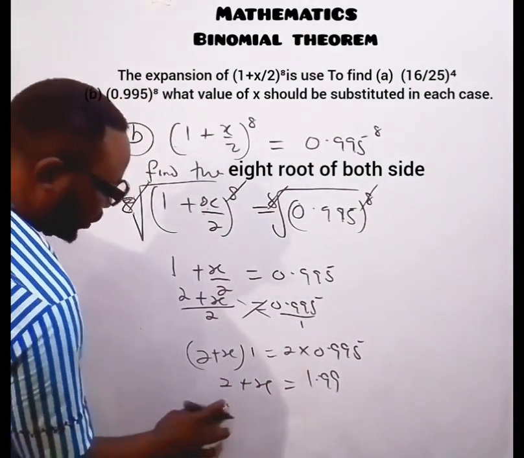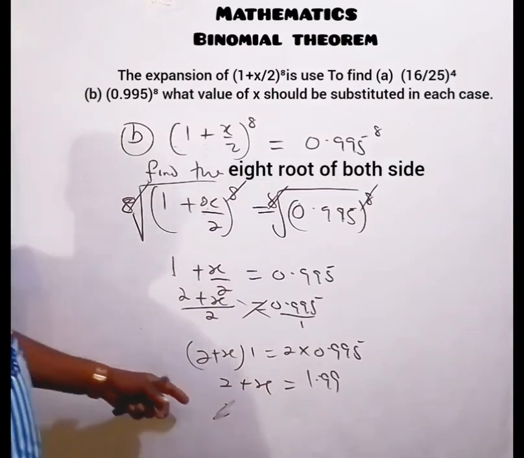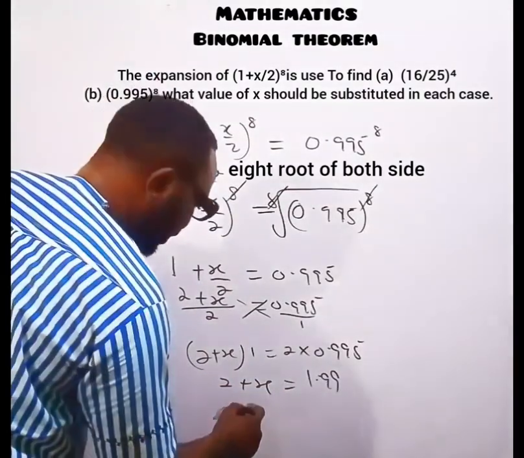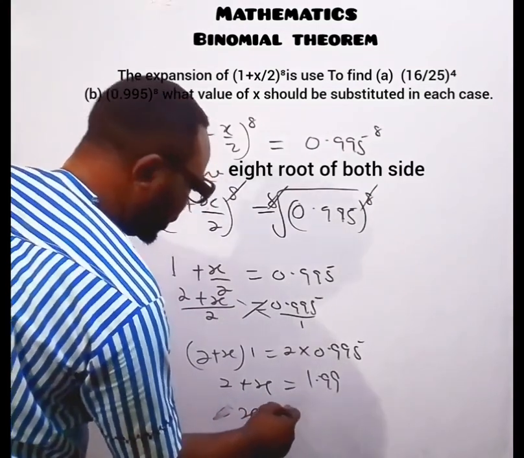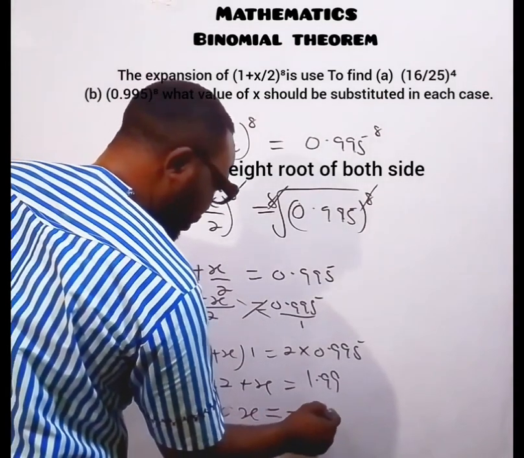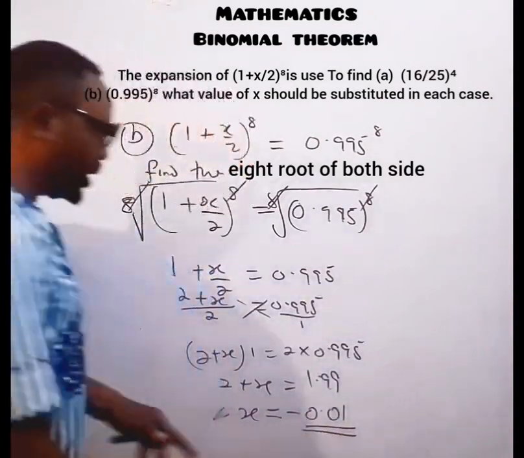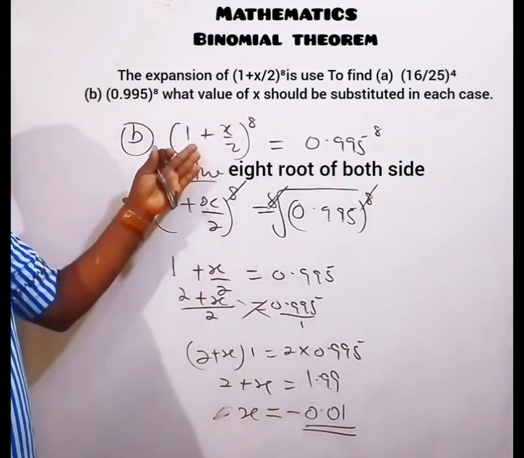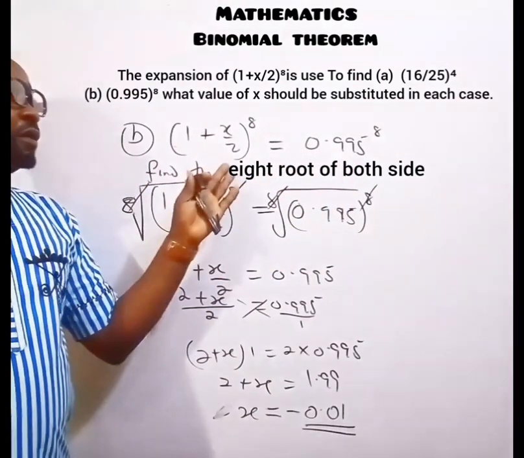Therefore, for you to find the value of x, you have to subtract 2 from both sides. x will be equal to minus 0.01. So this is the value of x that will be substituted in this particular value here.